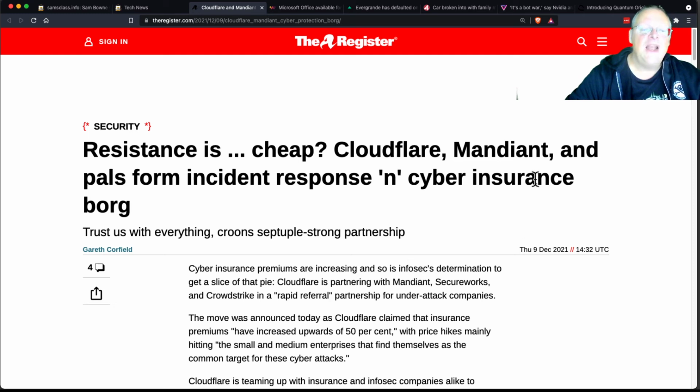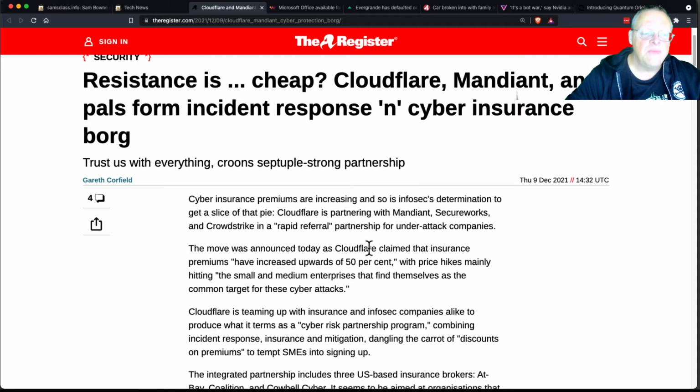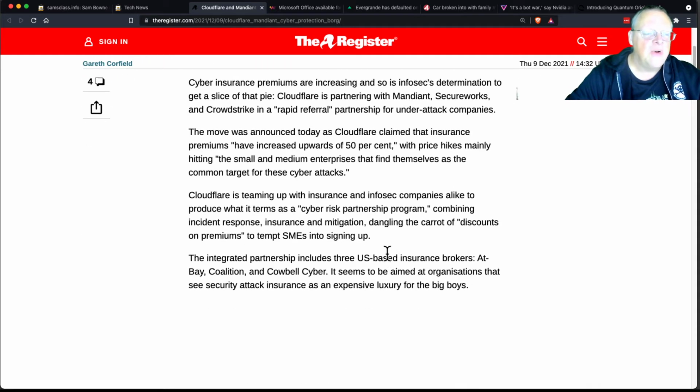Cloudflare and Mandiant and some other companies have gotten together to form some kind of instant response cyber insurance product. Announced today, they say insurance premiums have been going up, which I can certainly imagine because a lot of people buy insurance to protect against ransomware, and everybody's getting hit by ransomware right and left, and they're having to pay out right and left. So I would imagine the insurance companies are raising the rates because they're probably losing money paying all those ransoms.